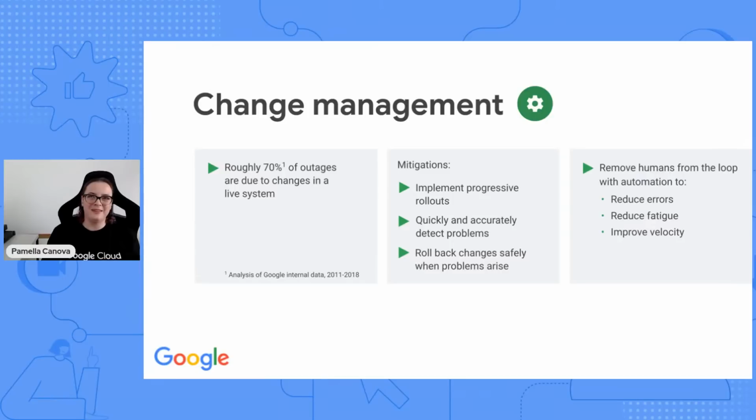So if there is something that we can do by code and avoid human interaction in the process, then we can reduce the fatigue of the operations team. We can improve velocity because we can implement it at any time and we don't depend on humans needing to do it. And we can also reduce errors because there won't be a human factor in the equation. But we know that humans are not always replaceable by code.